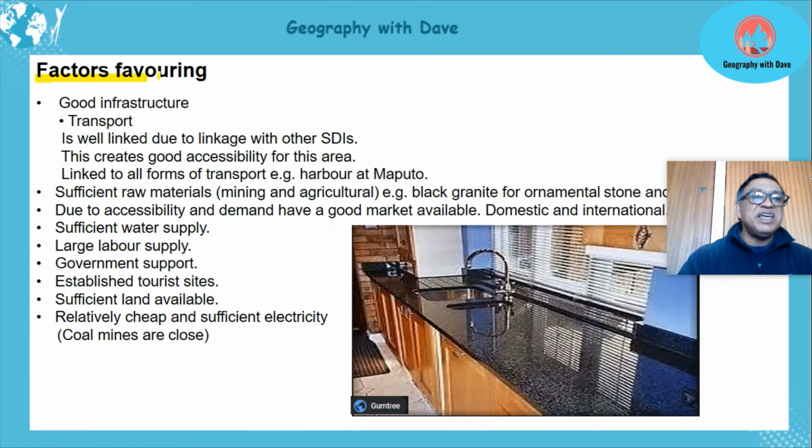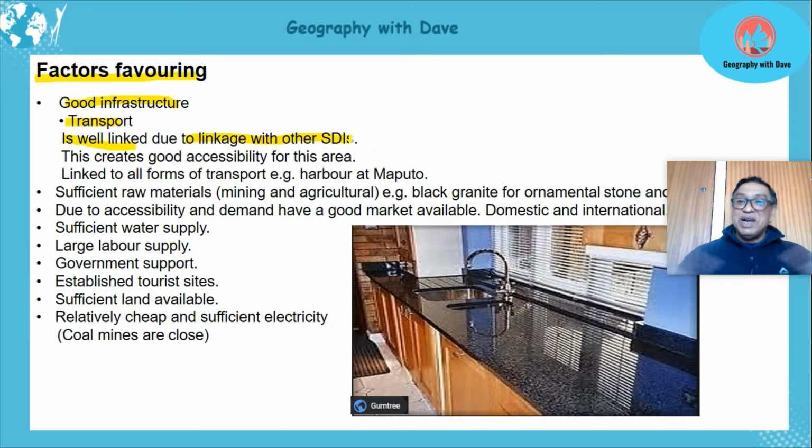Factors favoring good infrastructure, as we picked up already, learners. I don't want to keep using up your data. I know we picked it up, but I want to go through the factors favoring a little bit faster, because we've covered them. Transport. Various things about transport. It's well linked due to linkage with other SDIs, so it takes it to the harbor.